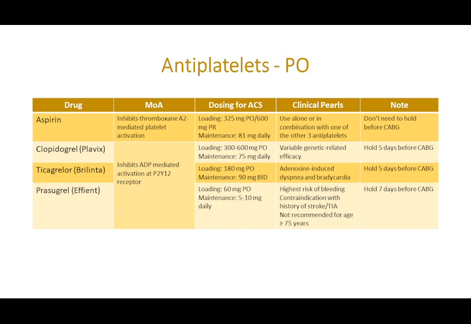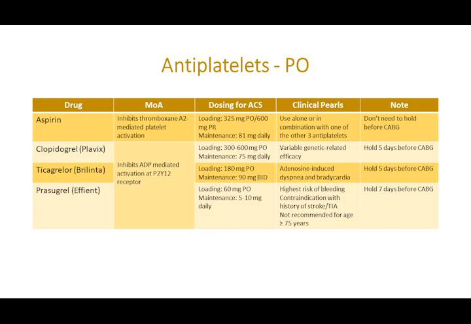The other 3 medications, clopidogrel or Plavix, ticagrelor or Brilinta, and prasugrel or Effient, all work the same way. They work at the P2Y12 receptors. With Plavix, the typical loading dose is usually 300 to 600 milligrams PO, with a maintenance dose of 75 milligrams daily.